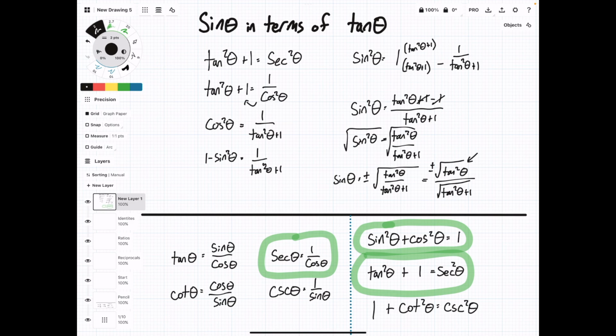The square root of a square is just tangent, so this is going to be tangent theta over the square root of tangent squared theta plus 1. And this is sine in terms of tangent.